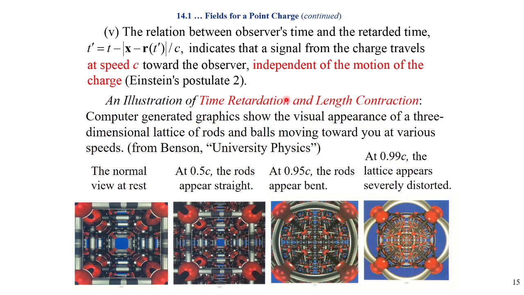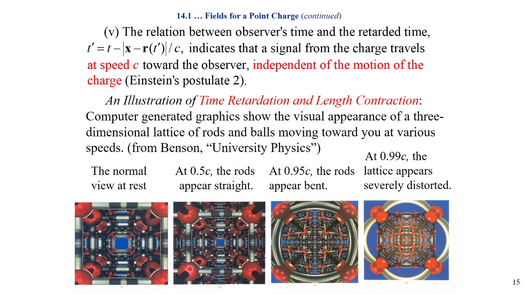With the help of the computer, we can visualize images at very high speed. For example, if we have an array, a crystal, a particle at rest, you will see the normal view. If the particle travels at 0.5 the speed of light, the rod appears straight.